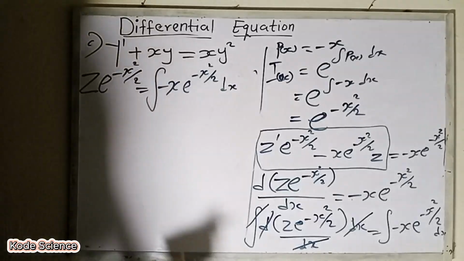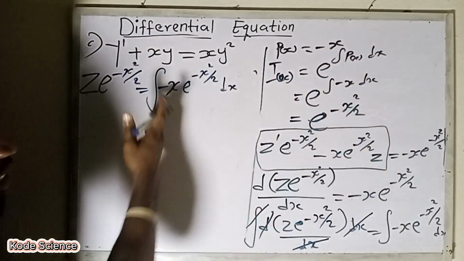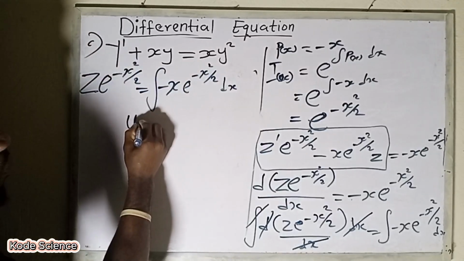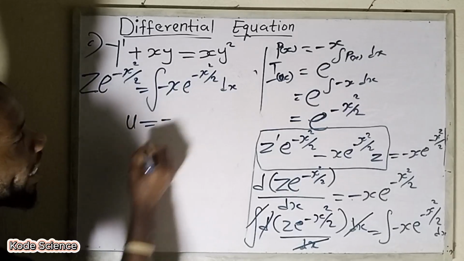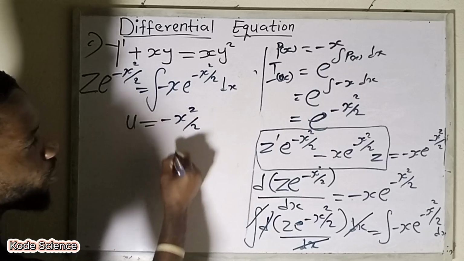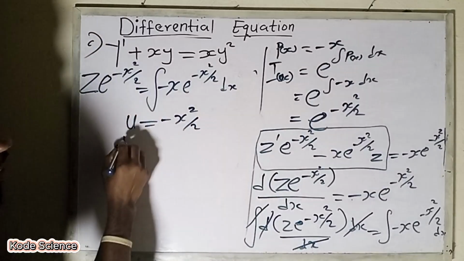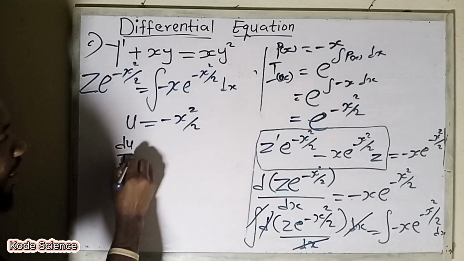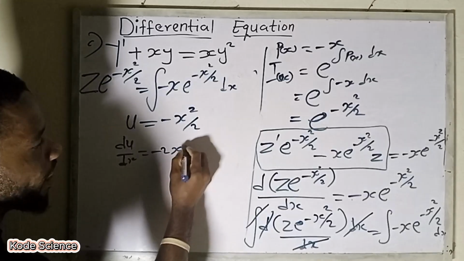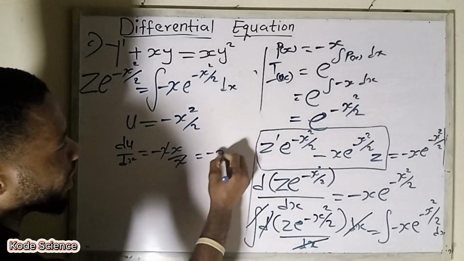So for us to integrate this, we can use the substitution method. We can say let our u equal negative x squared over 2. When we differentiate our u, du over dx is equal to negative 2x over 2, and the 2s cancel, so we end up having negative x.